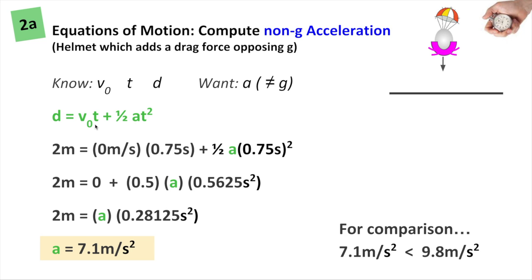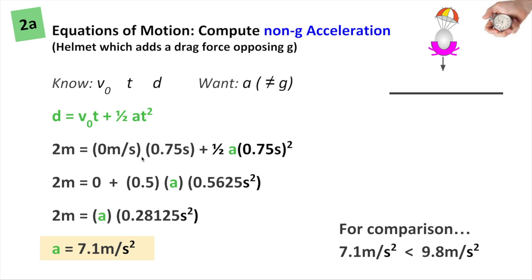The time would have been the drop that I measured, so I would need to actually take this measurement, and let's say it turns out to be 0.75 seconds, plus 1/2 a, my unknown, t squared. Again, there's t, 0.75 seconds, and I'll need to square that.